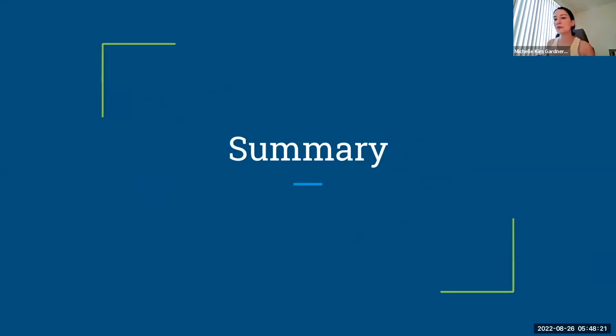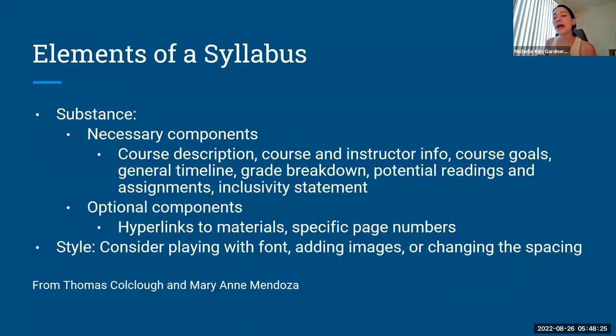So, to summarize what we've gone over already in the program, remember that the elements of a syllabus include both substance and style. So for substance, you have necessary and optional components. Necessary components include course description, course and instructor information, course goals, general timeline, grade breakdown, potential readings and assignments, and an inclusivity statement.